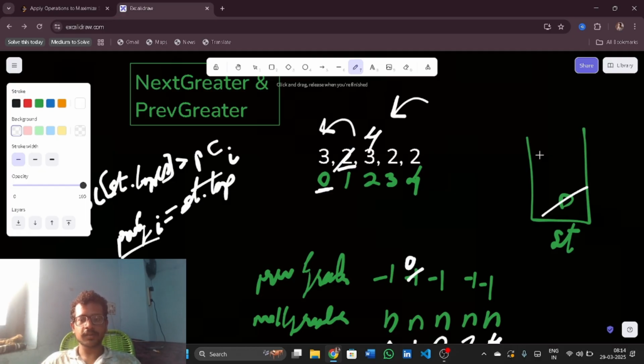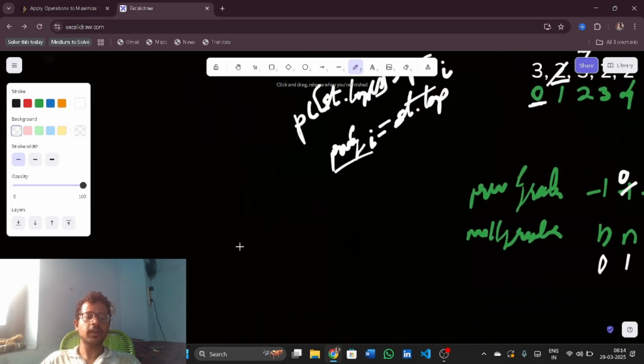I would push this one back into the stack. But before that, I'll write the condition here. Next greater of index would be changed to the current index I. But when?